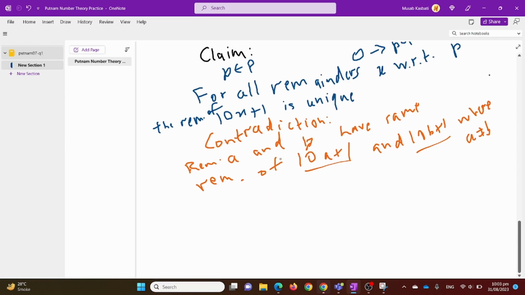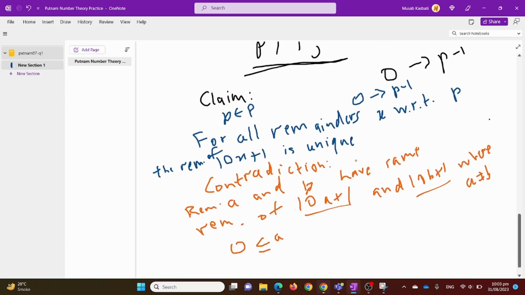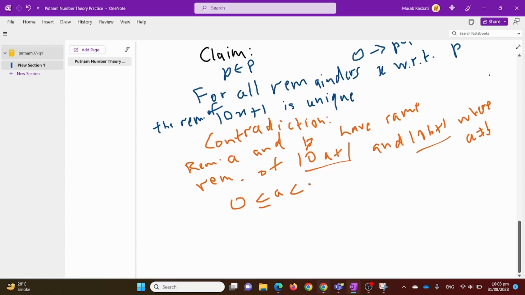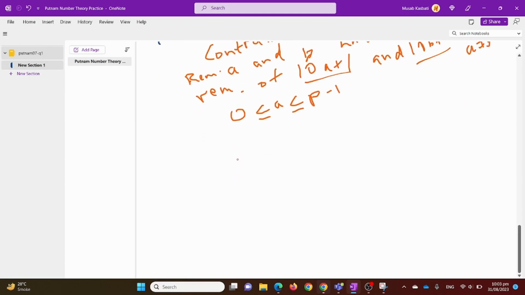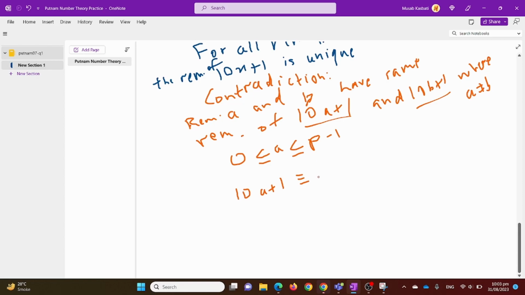Okay, and keep in mind that since a and b are remainders, both lie between 0 inclusive and less than p, or if I want, I can say p minus 1 inclusive. What that means is that 10a plus 1 has the same remainder as 10b plus 1, which we can write as: 10a plus 1 is congruent to 10b plus 1 mod p.